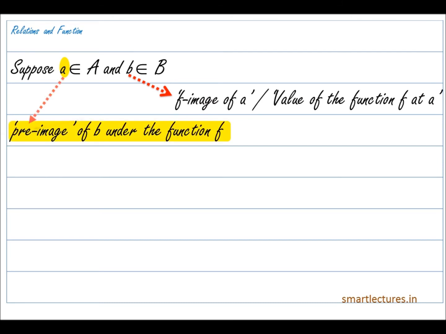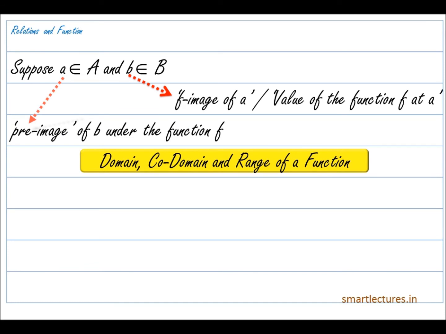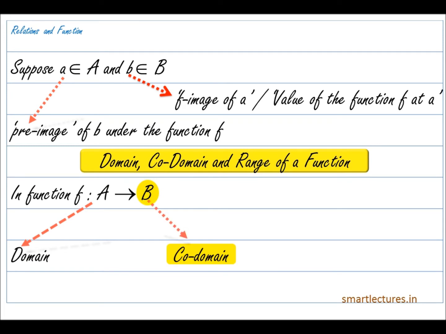Now what do we mean by domain, codomain and range of a function? Suppose we have a function f from set A to set B, then the set A is known as the domain of f and the set B is known as the codomain of f.